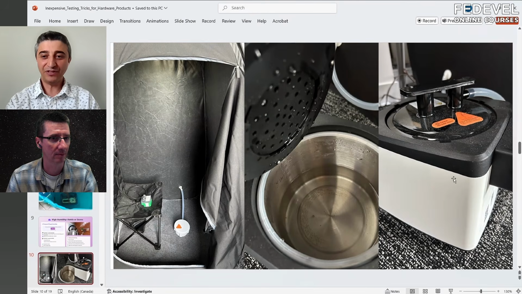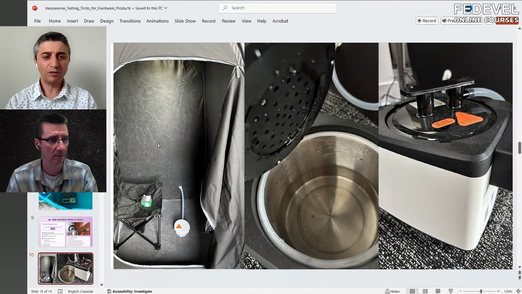You power the device up and it will heat the water. Once the water is heated, it's like a pressure cooker, so the humidity will escape through here and go to the back. Then there is a tube that leads to a container, and all of the hot, humid air will be exposed to your design.